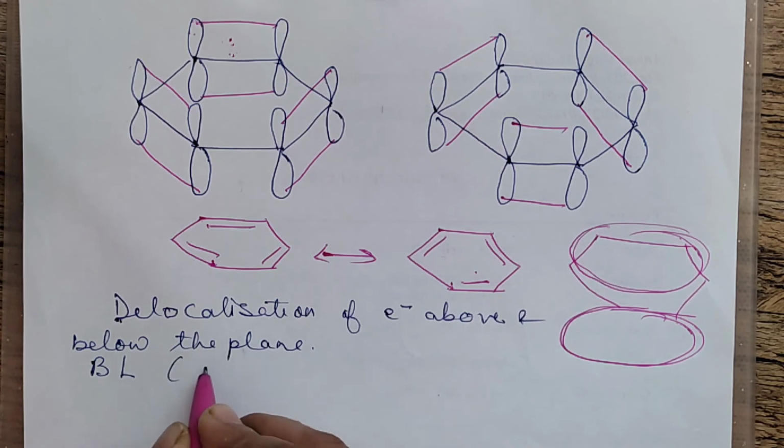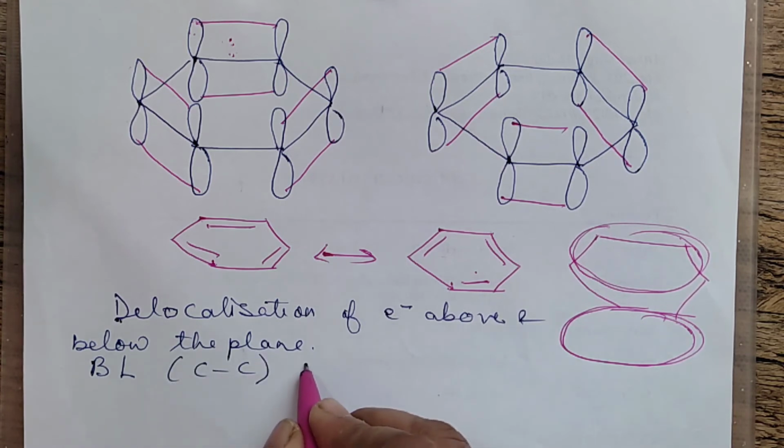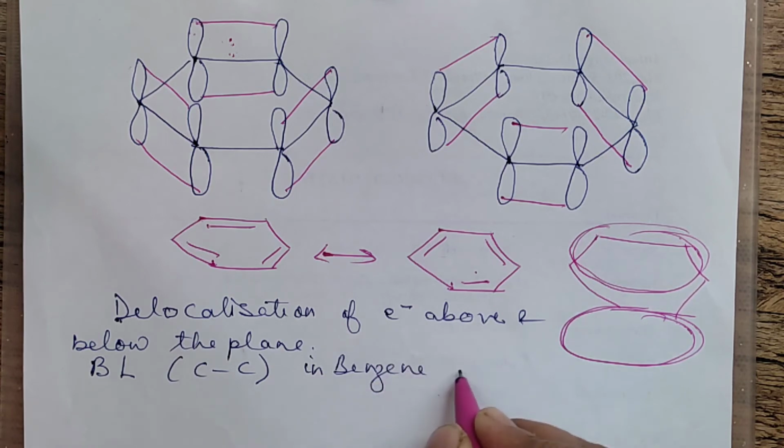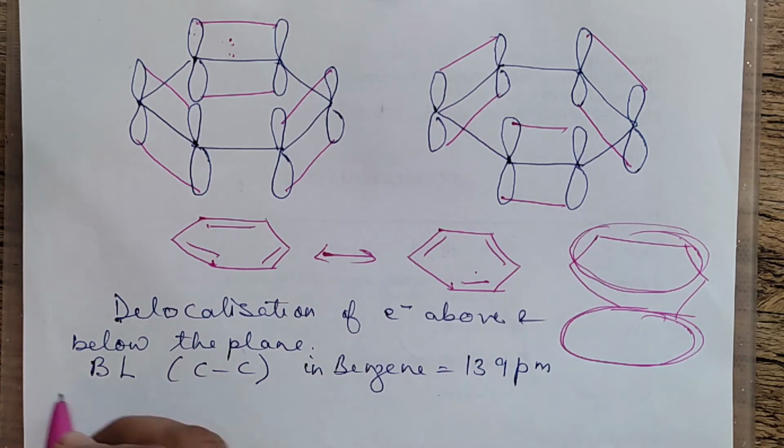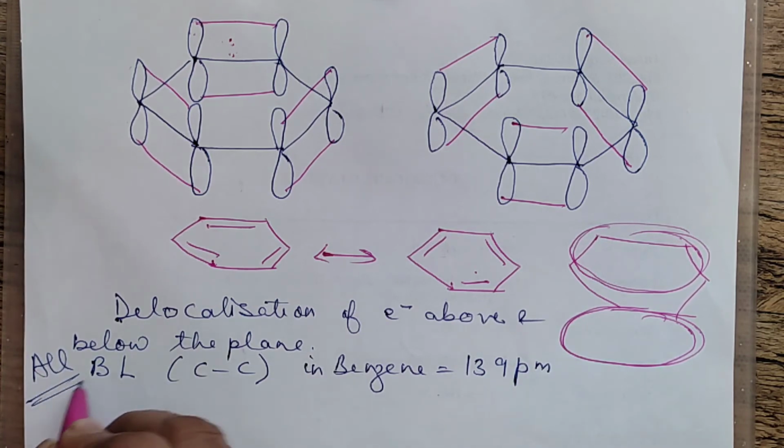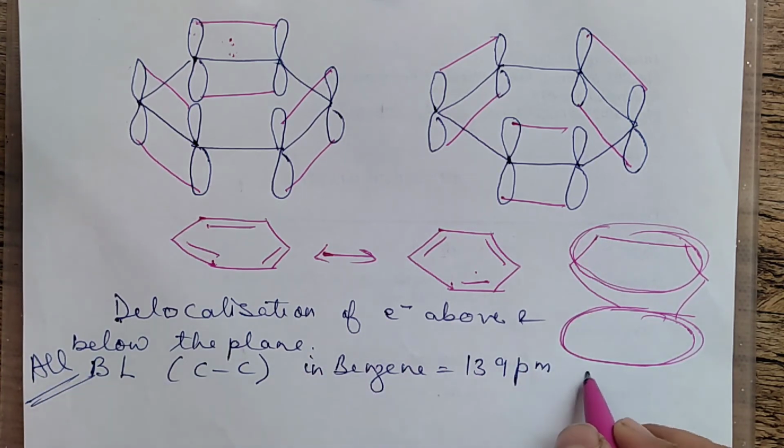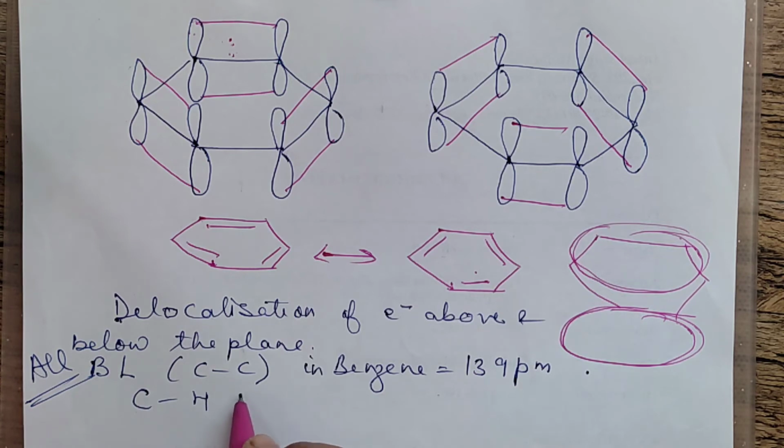Which bond length? Carbon-carbon bond length in benzene. You find that carbon-carbon bond length in benzene is 139 picometer. And all carbon-carbon bond lengths in benzene are equal. Okay, they are all equal, and all carbon-hydrogen bond lengths are 110 picometer. They are also all equal.